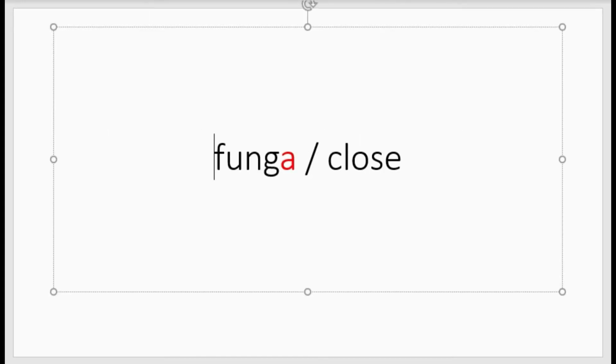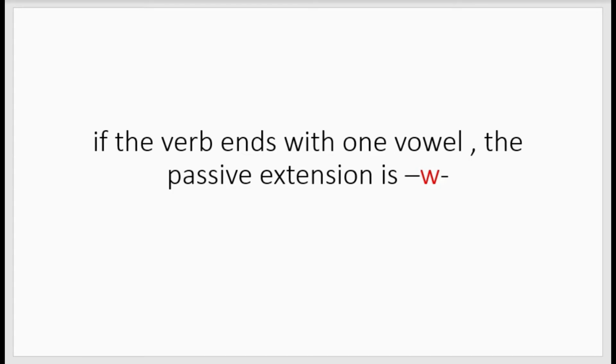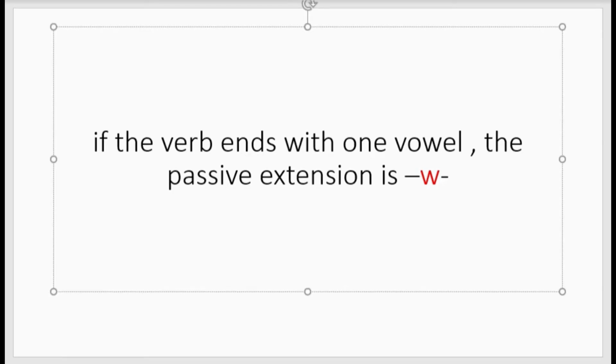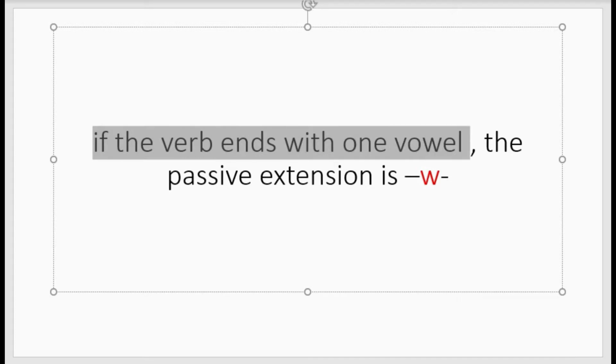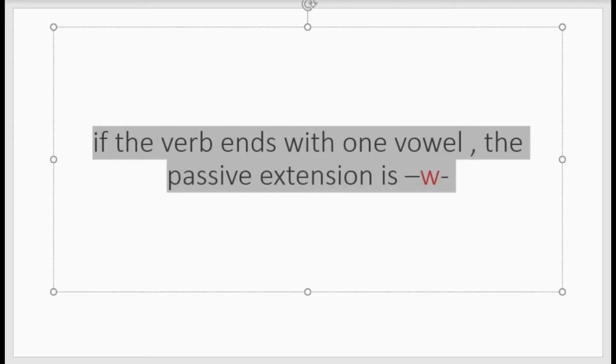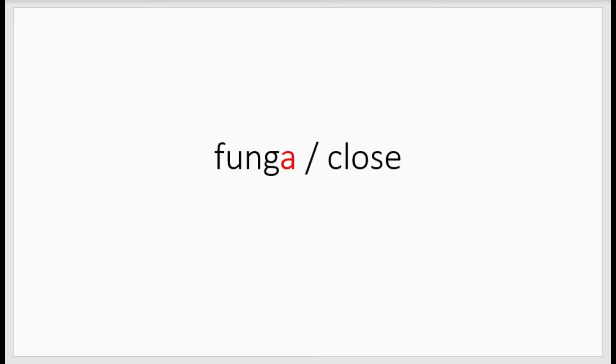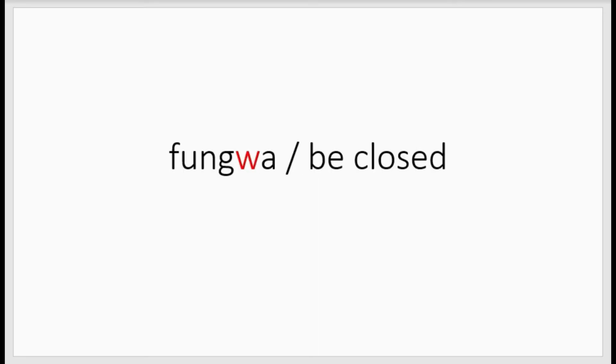Take this as an example. Funga is a verb which means close. Now back to our formula here. If the verb ends with one vowel, the passive extension is wa. So funga becomes fungwa.